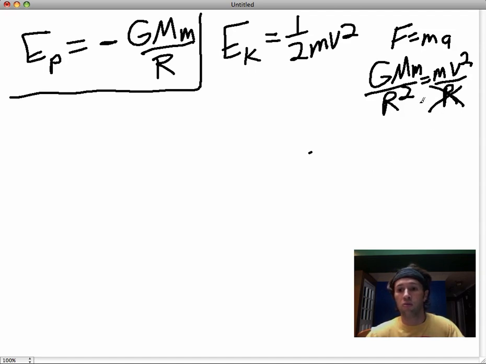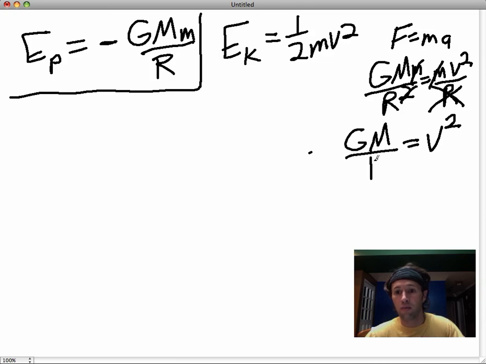You can cancel one of these r's, and our v squared turns into capital G, capital M, these little m's go away, over r.